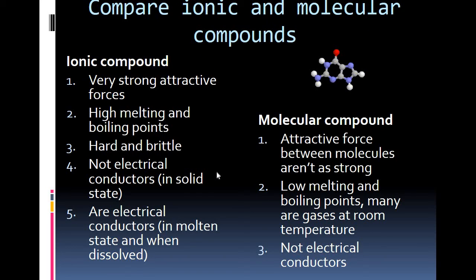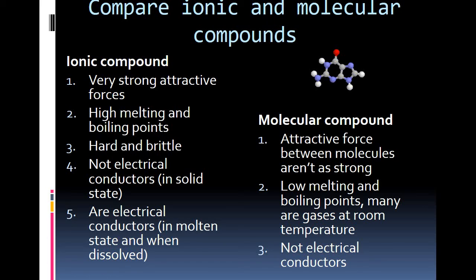All right, comparing ionic to molecular compounds, very different mostly based off of their attractive forces. Ionic compounds, full on positive, full on negative, very strong attractive force. That attractive force makes it have very high melting and boiling points, makes it hard and brittle because it doesn't have a lot of give to it.